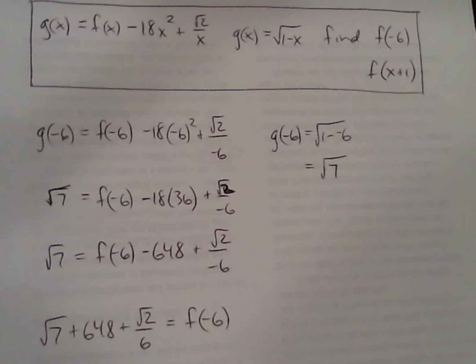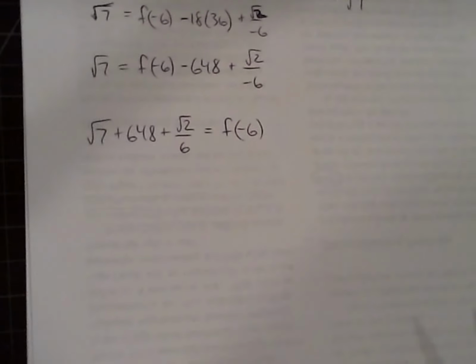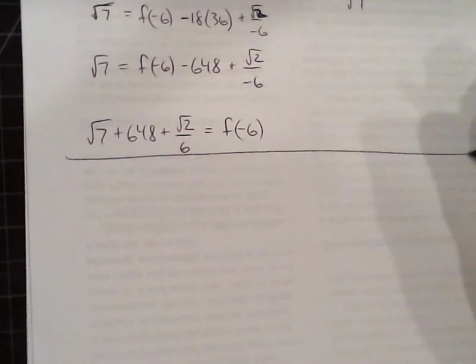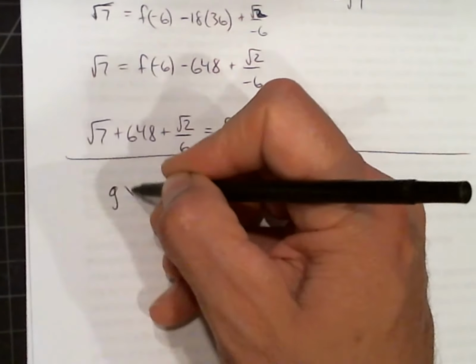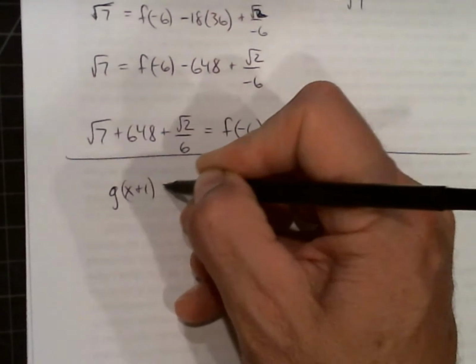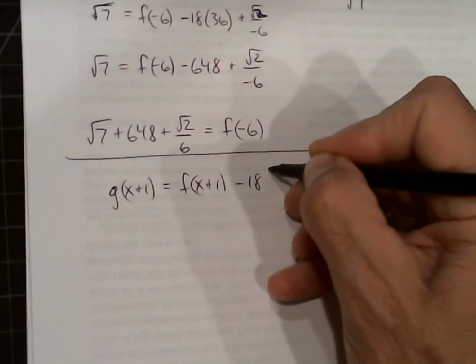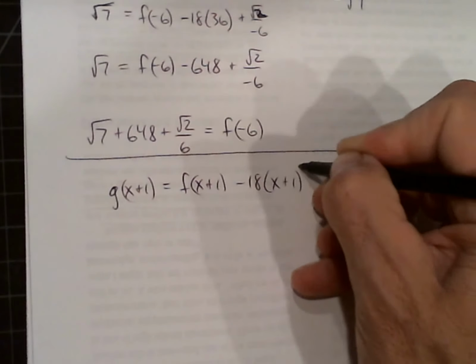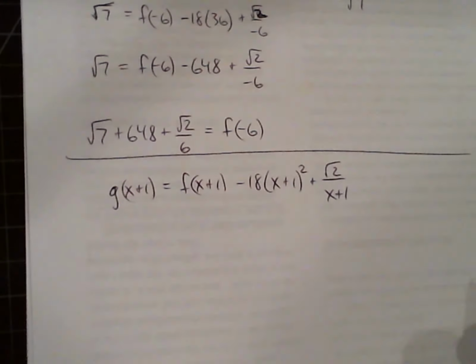All right, let's try f of x plus 1. And we have g of x plus 1, f of x plus 1, 18 times x plus 1 squared, x plus 1.